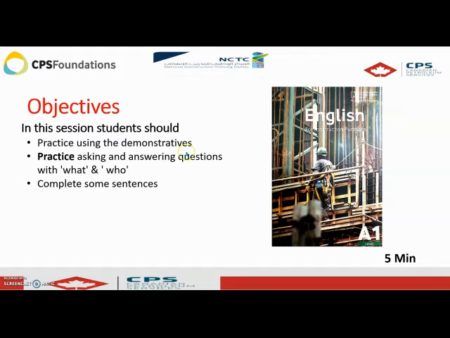For near demonstratives, we have this and these, and for far demonstratives, we have that and those. Practice asking and answering questions with what or who, and then you will also be completing a few sentences.